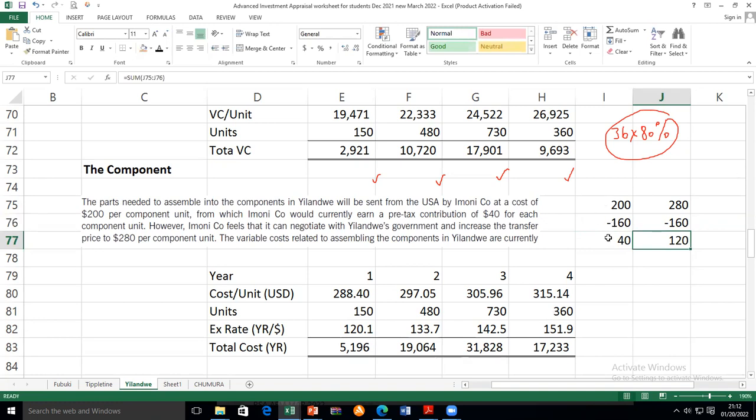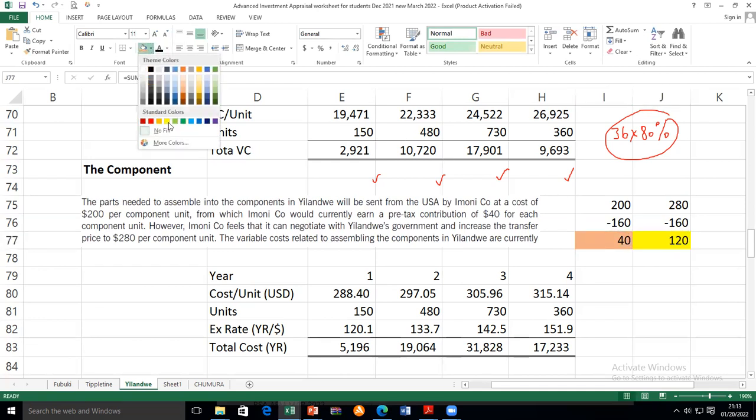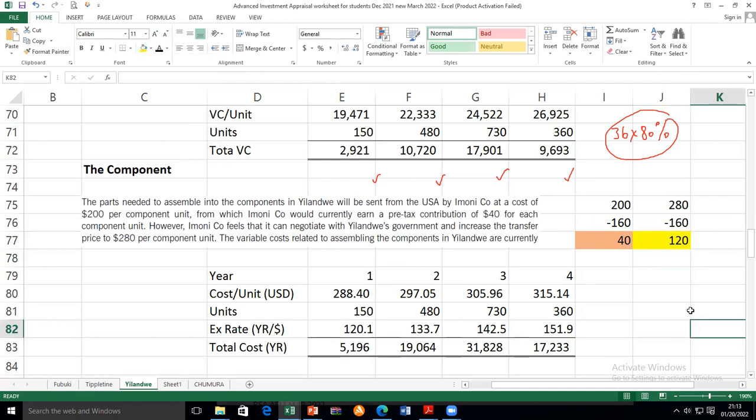So our contribution now will move from 40, it will become 120. So before inflation, this is a new contribution.